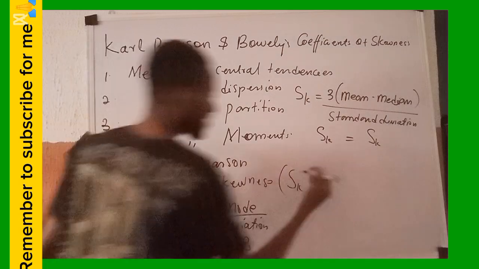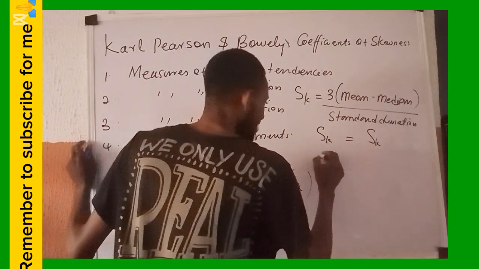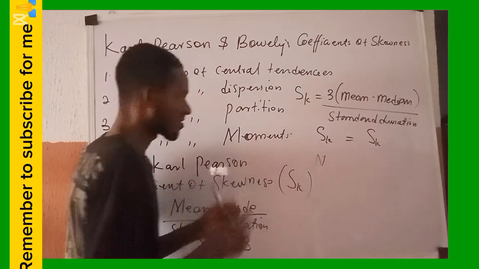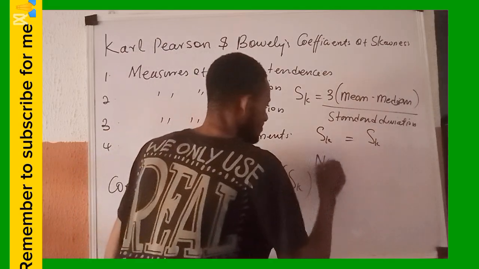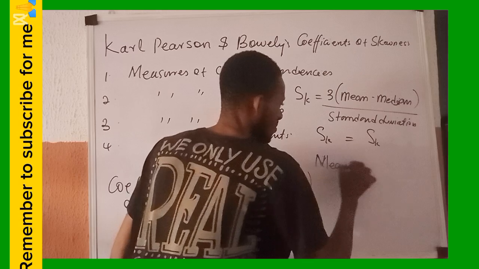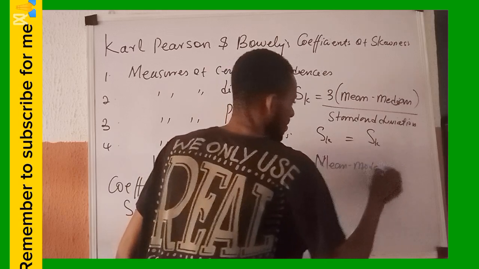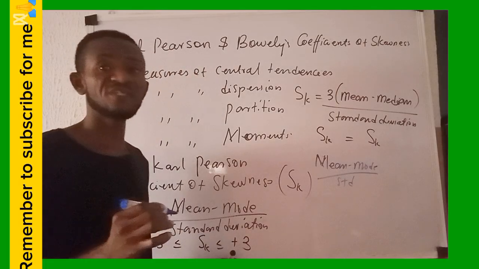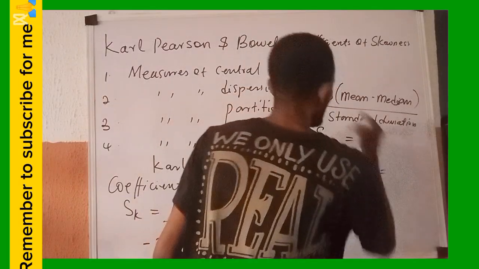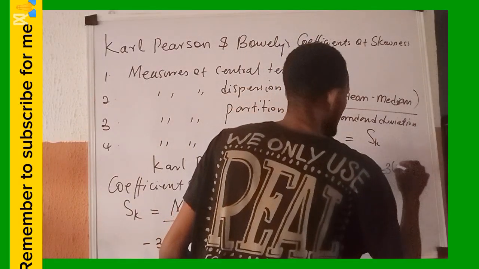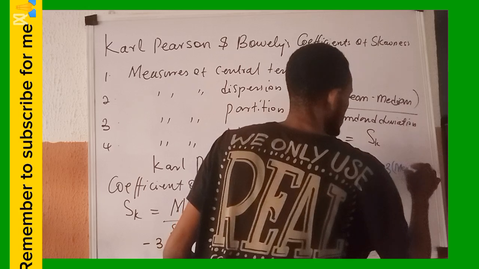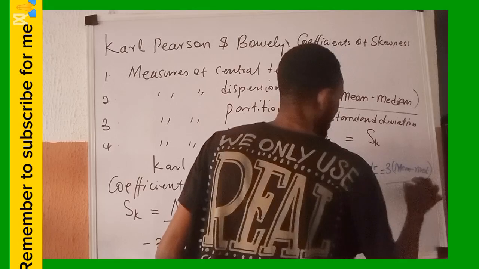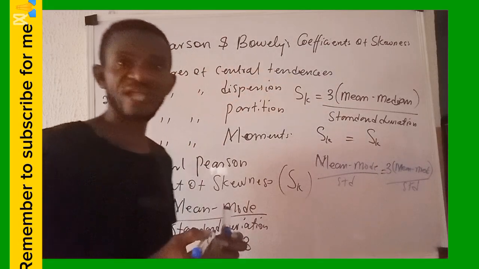Let me call these things up here. From this formula, what I have is mean minus mode all over STD, standing as standard deviation, is equal to, here is my 3, open a bracket, mean minus median, all over STD. That's what I now have.